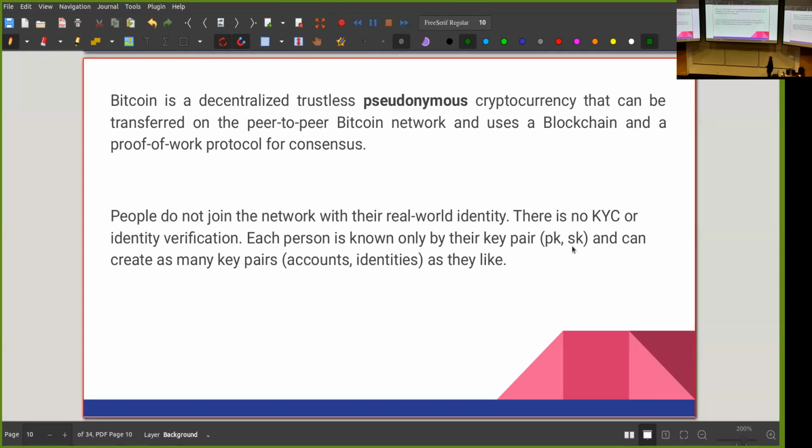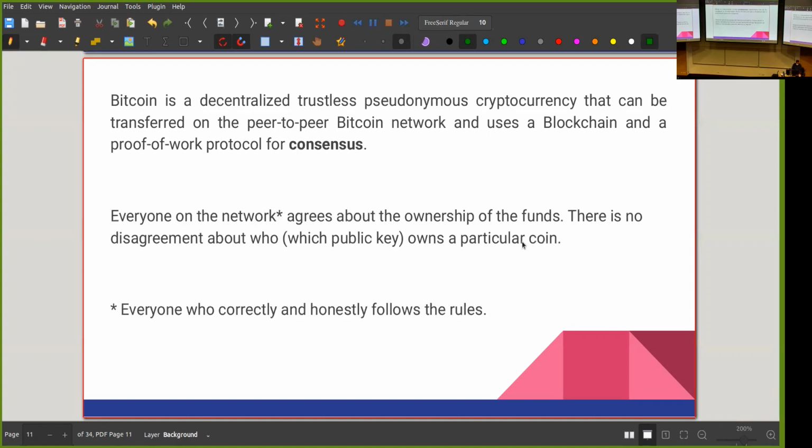And so as a person who joins this network, you can create as many network identities as you like. Or another way of thinking about this is that you can create as many Bitcoin accounts as you like. And you don't have to even announce this to anyone. You can just create it on your own machine. So as long as you create a key pair, that's an account on Bitcoin.